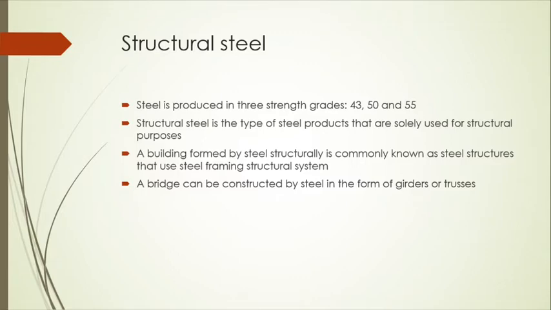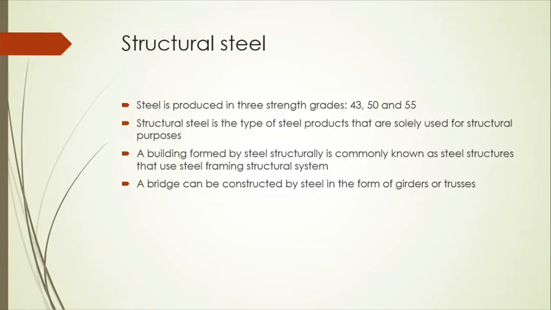It's not quite familiar here in Malaysia, but in the US, during the early age of construction, they used mostly steel framing systems, such as the Empire State Building. They use the structural steel framing. Instead, most of the buildings in Malaysia use reinforced concrete, where we use concrete reinforced with steel.